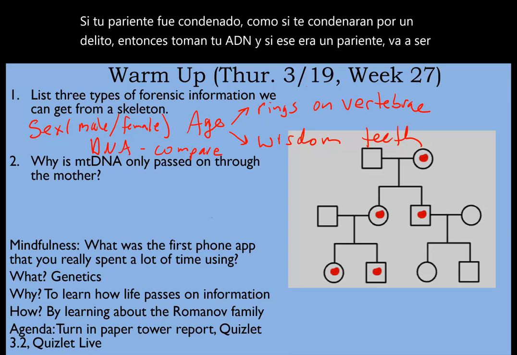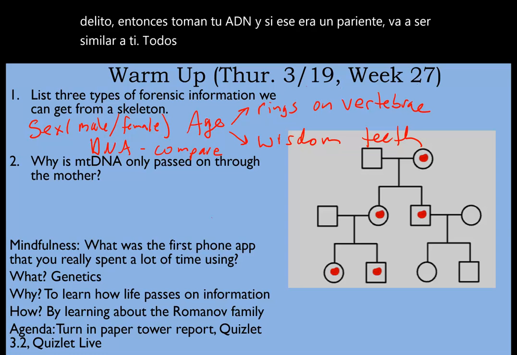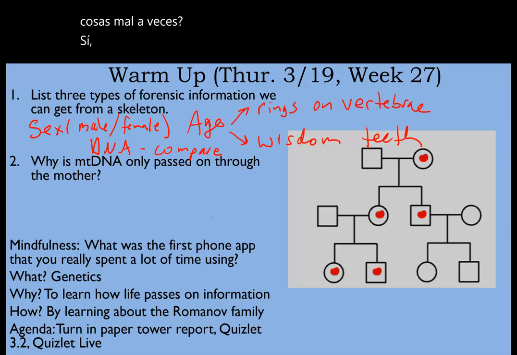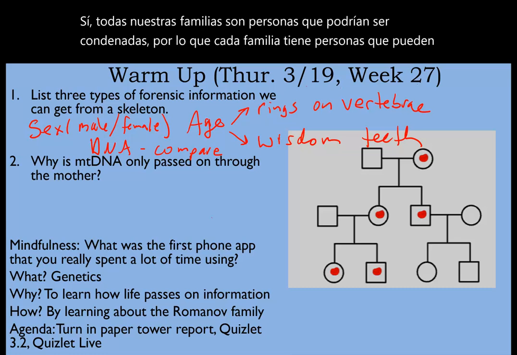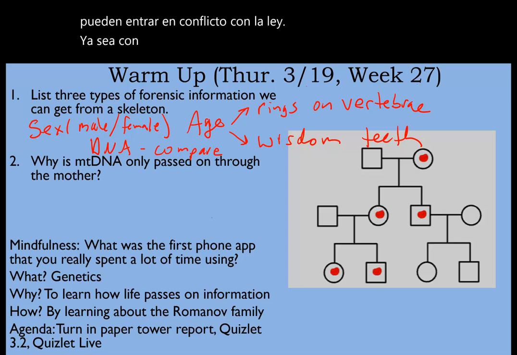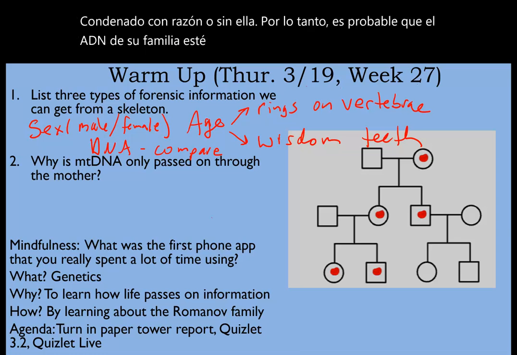So, do we all have relatives that do things wrong sometimes? Yeah, all our families are people that might get convicted. So every family has people that may run afoul of the law, either rightly or wrongly convicted. So your family DNA is probably in the system at least at some point.